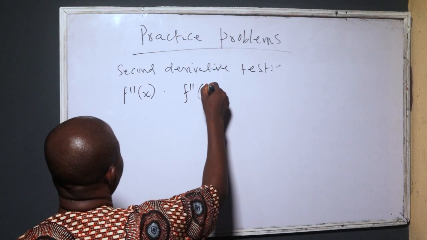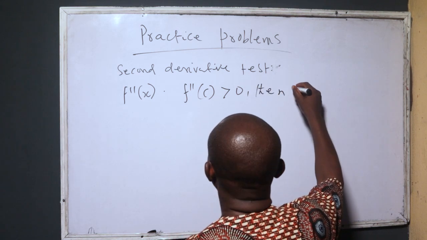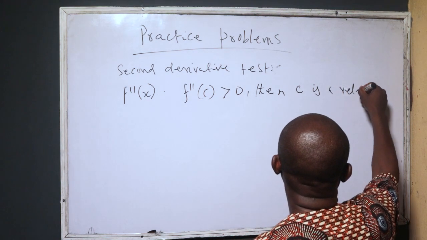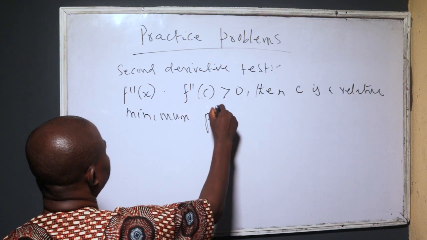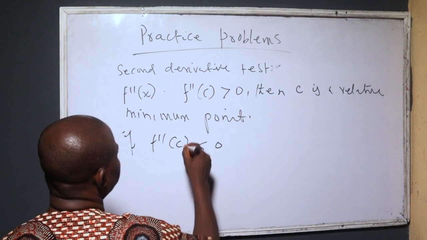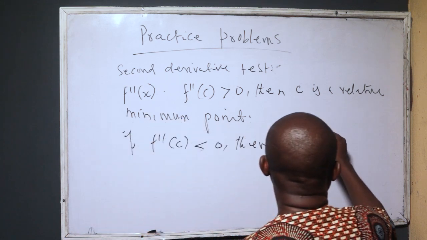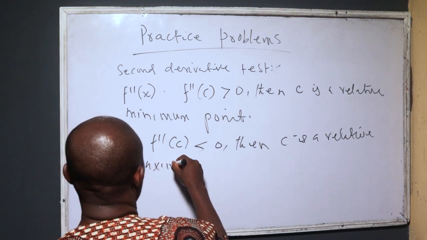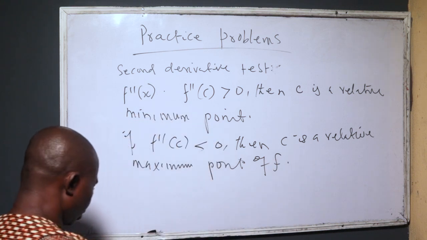If f prime prime of C is bigger than 0, then the point C is a relative minimum point. Whereas if f prime prime of C is strictly smaller than 0, then C is a relative maximum point of the function f. So this is how you apply this.